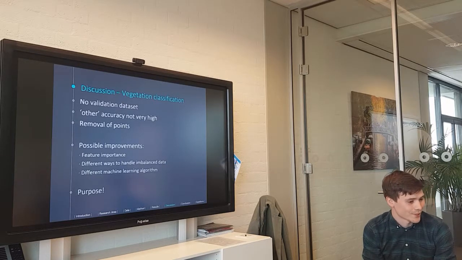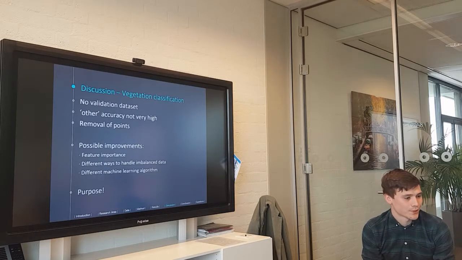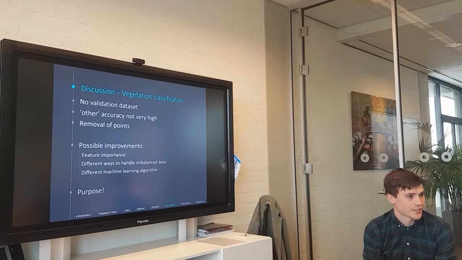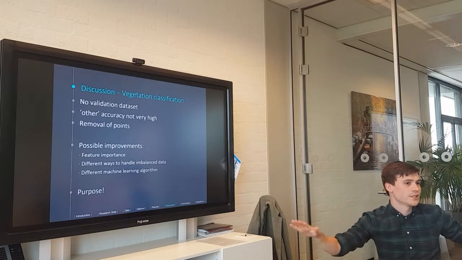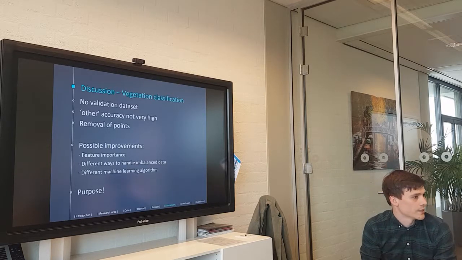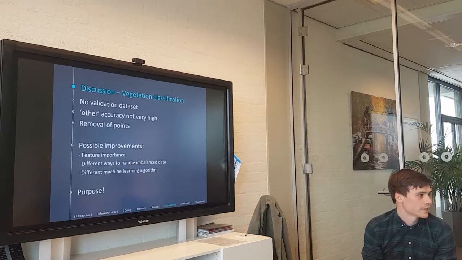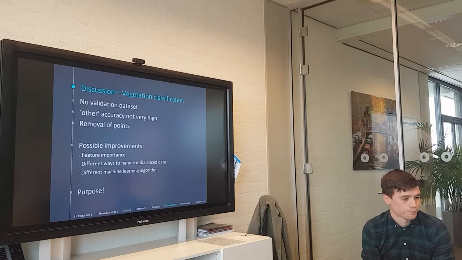There are a lot of them, so maybe a different one would give a better result. But we have to remember the purpose. My purpose was not to achieve the best classification, but to delineate the vegetation elements. And what you see is that the misclassified points are spread out basically evenly throughout the whole area, so they didn't impact the subsequent delineation of elements at all.